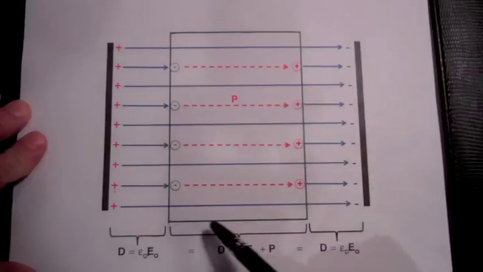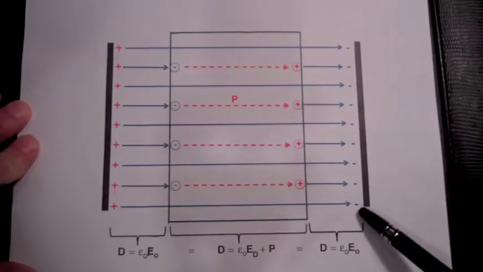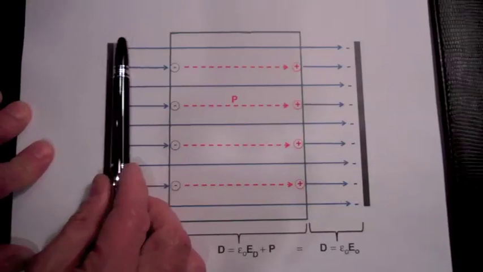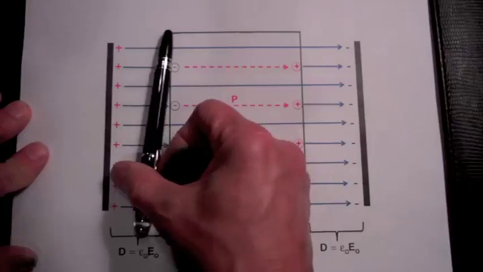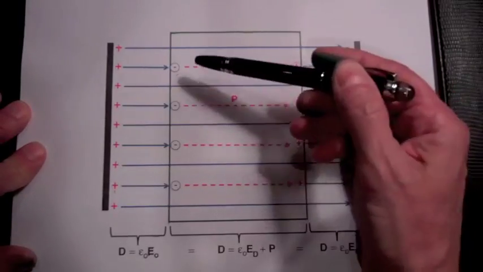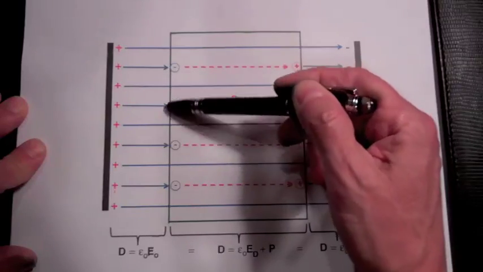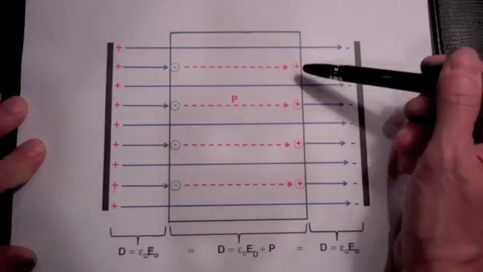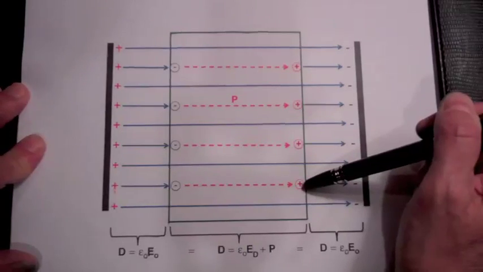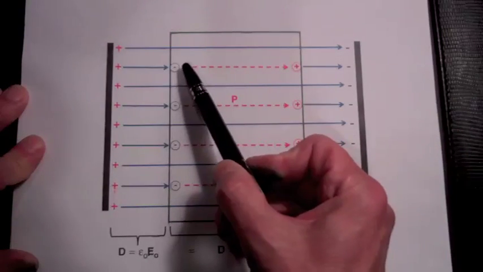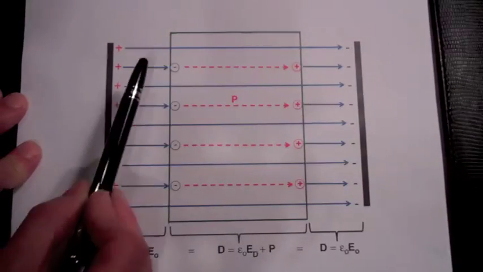So here I've placed the dielectric between the plates. The free charge on the two plates is the same, so the electric flux density emanating from those plates will not have changed. It will be D and will be D throughout. Here is the bound negative charge on the left-hand surface of the dielectric and the bound positive charge on the right-hand surface. So the polarization field is going to go from the minus bound charge to the plus bound charges.